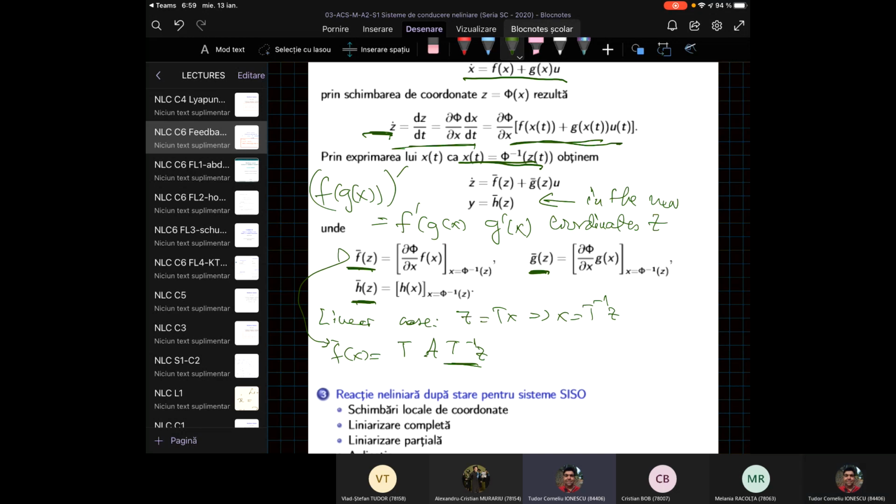Clear? g bar of z is T B, and h bar of z is C T inverse z. Do you recognize this from the linear case? Yes. Okay.